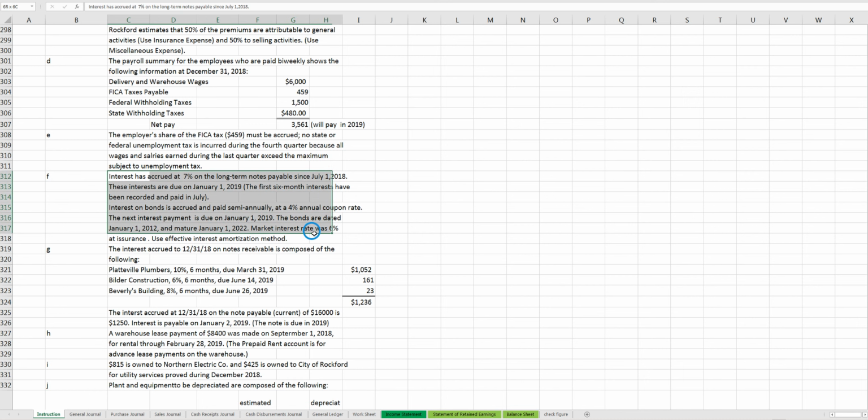Okay, this is for interest expense. We have multiple transactions right here. First, interest has accrued at 7% on long-term notes payable since July 1st, 2018. So we're going to calculate interest expense for long-term notes payable.